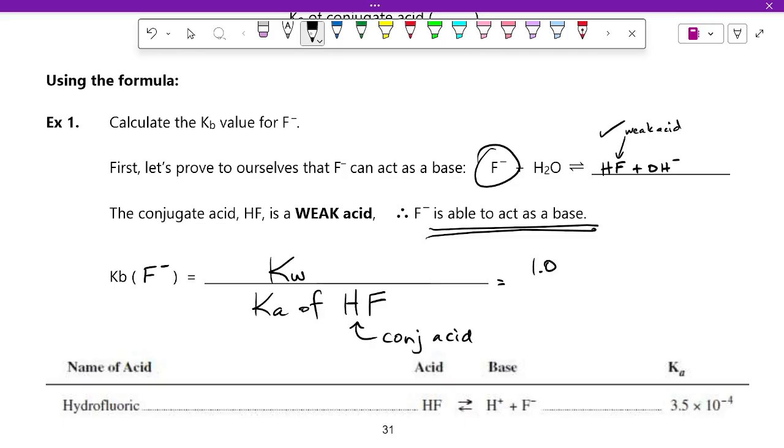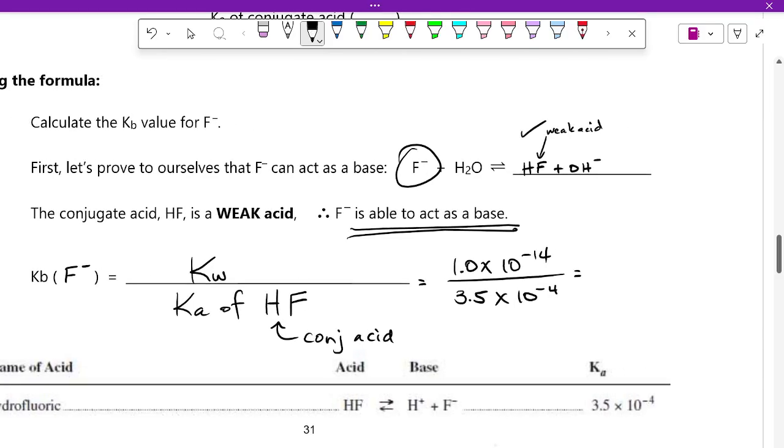So that's going to be 1.0 times 10 to the negative 14 divided by 3.5 times 10 to the negative 4. That's just on the table. Okay? And we do that.